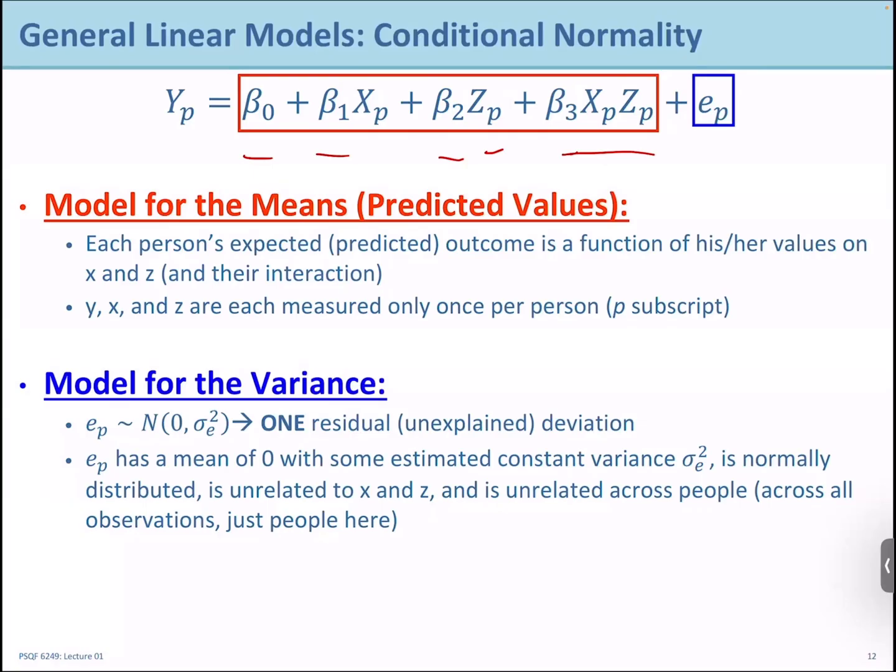And that predicted value is the mean of what you expect the person's value to be. So you don't know for certain that's going to be their value, but the model itself is forming a distribution around that value to see how certain you are, right?